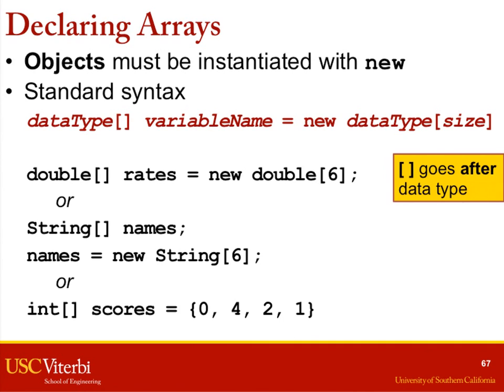This new, we give it the data type again, and then we put the size. This is how many elements we want. For example, here I'm creating an array of doubles. The name of it is rates, and there's 6 elements. Easy. Okay? Just have to remember that we have to put this new.